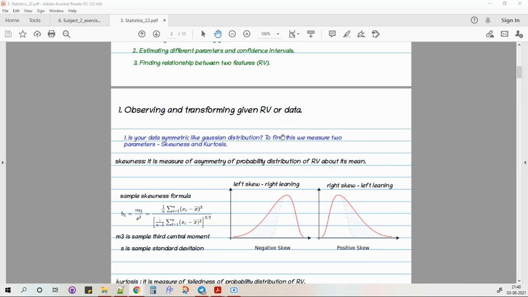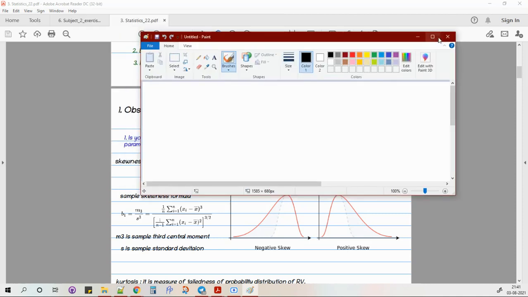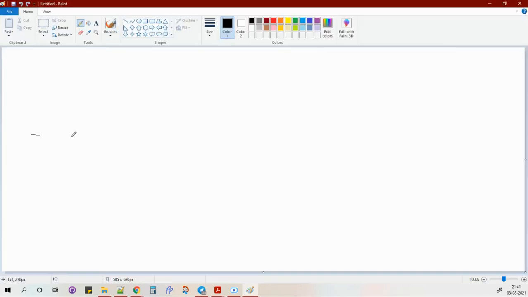In case of normal distribution, it would be symmetric around the mean, right? So if I take a simple normal distribution, and you put a mirror on the mean, then you will have the exact symmetric data around the mean, right?